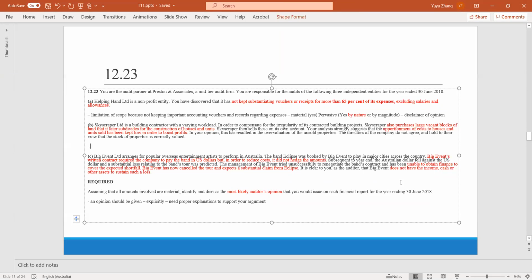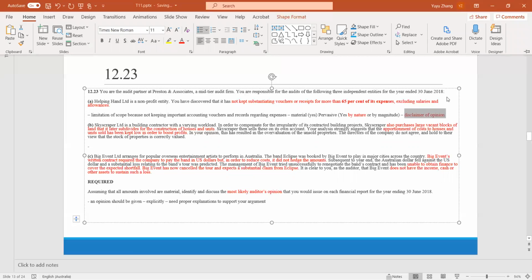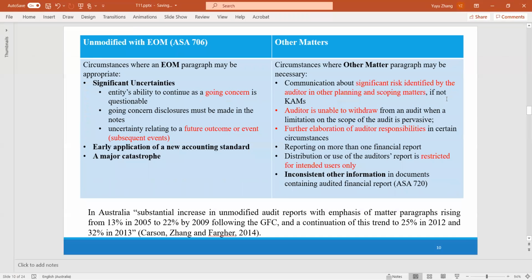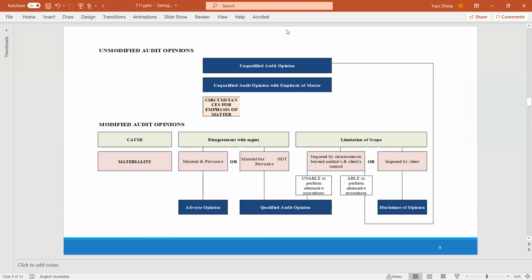Why not adverse? So Megan, do you mean situation A? Yes, okay. So Megan's question is, for situation A, why do we use disclaimer of opinion rather than the adverse opinion. So let's go back to the types of audit opinions. If the reason of the modification is due to limitation of scope, you only have two options.